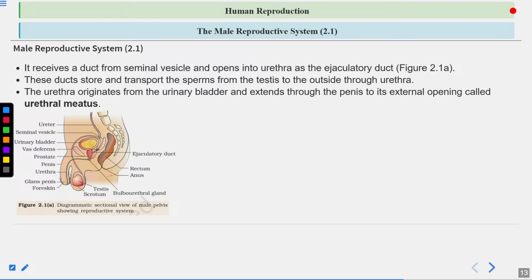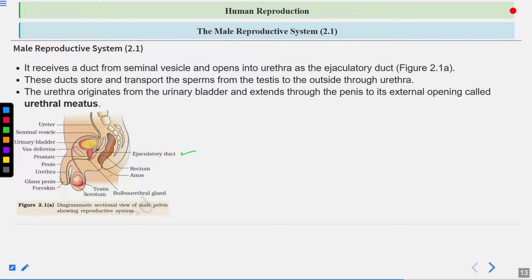So here you can see a diagrammatic section view of the male pelvis showing the reproductive system again. You can see the ejaculatory duct here, then the urethra. The ejaculatory duct transfers the sperms into the urethra.